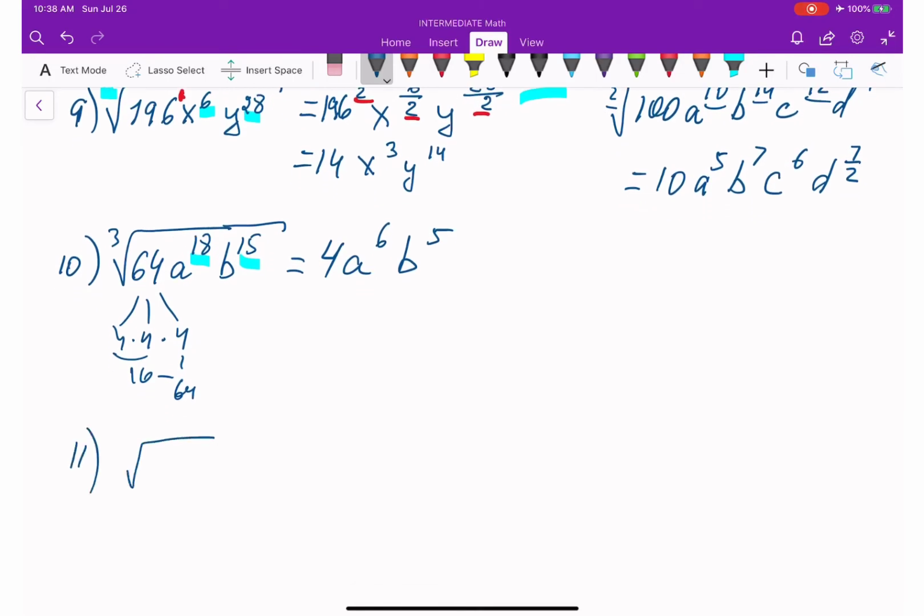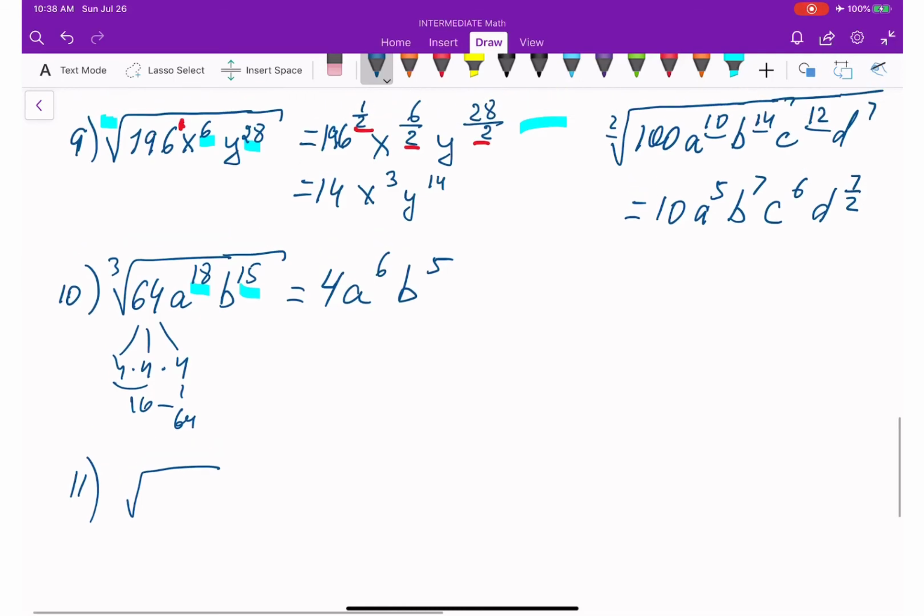(11). It's a square root. Well, it's very similar to what we have, but it never hurts to repeat. X to power 16 and y to power 8. Okay, try to figure out right away how much it's going to be. Very easy.